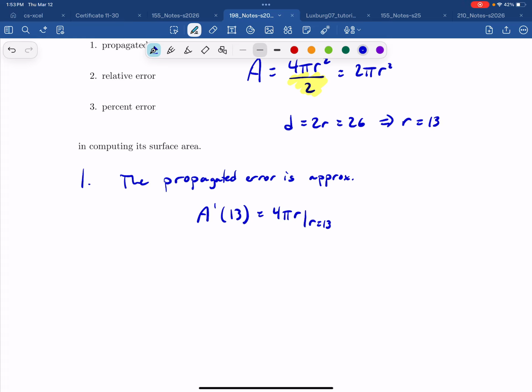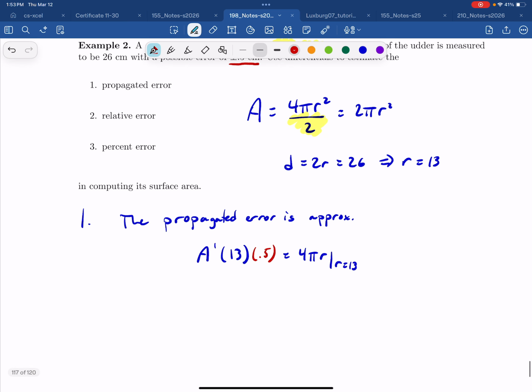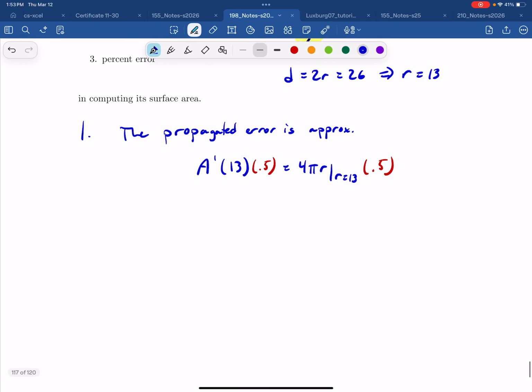And then we're going to multiply this by the error. So actually, maybe I should leave a little bit of this guy. It's just going to be a prime of 13 times 0.5. You see I'm getting 0.5 from this guy right here? And anyway, we're going to get 52 pi times 0.5, which is 26 pi. And then this is going to be centimeters squared.